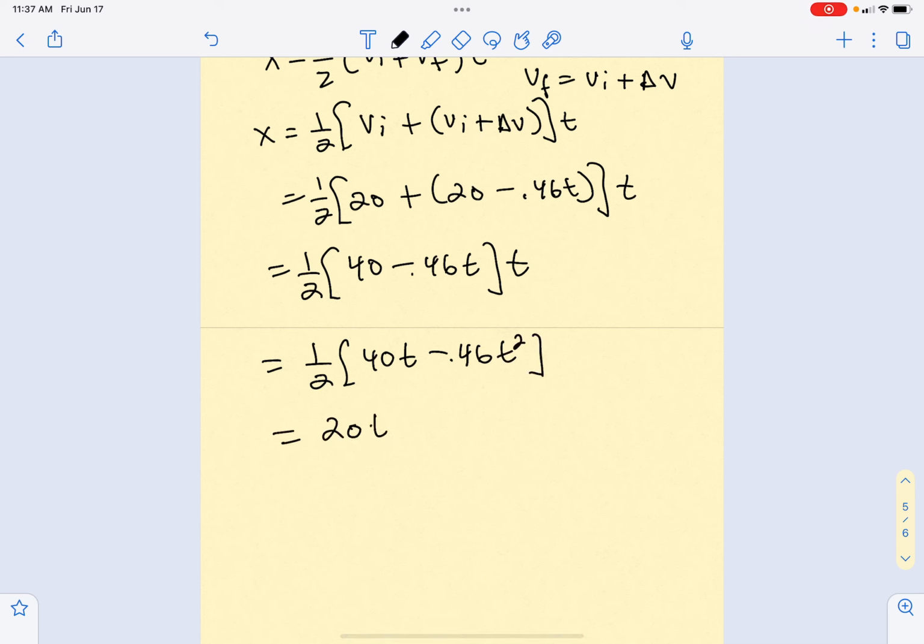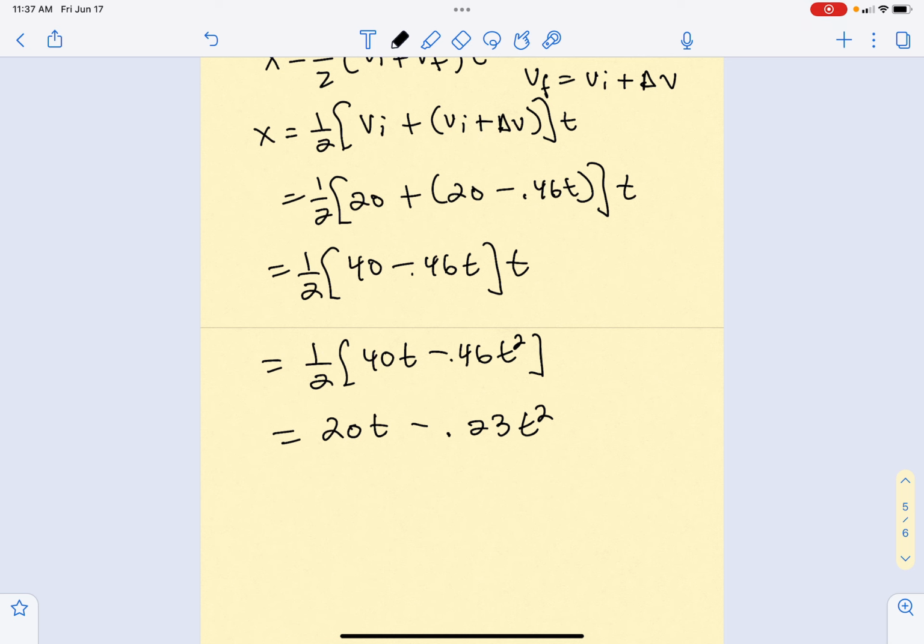So you get 20t minus, and now we're going to distribute the 1/2 to the negative 0.46, and we get minus 0.23t squared.